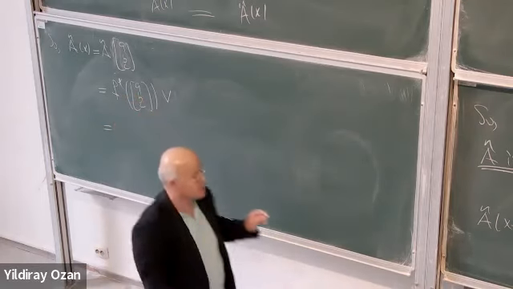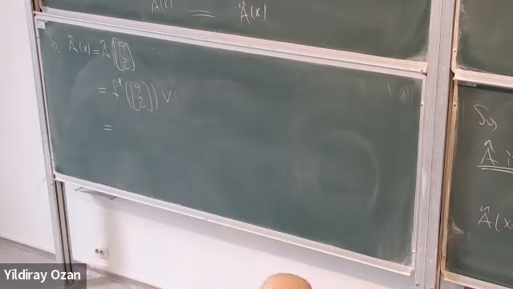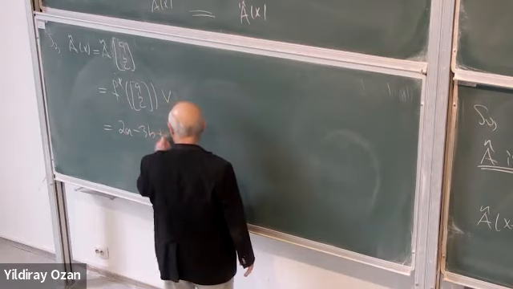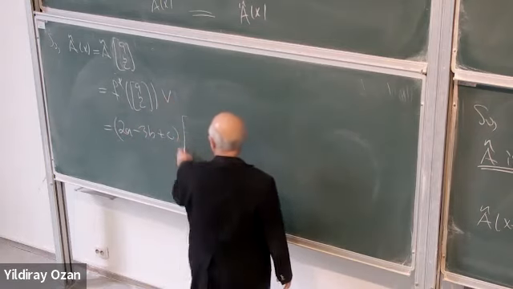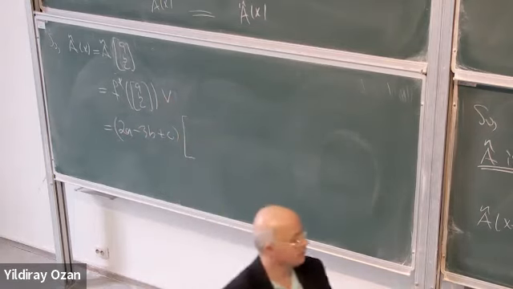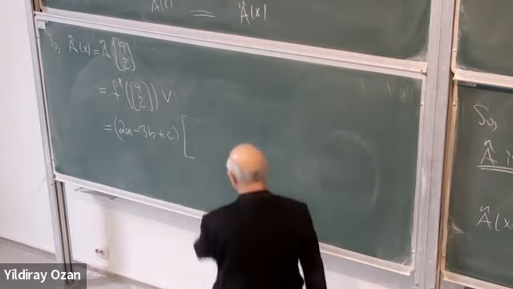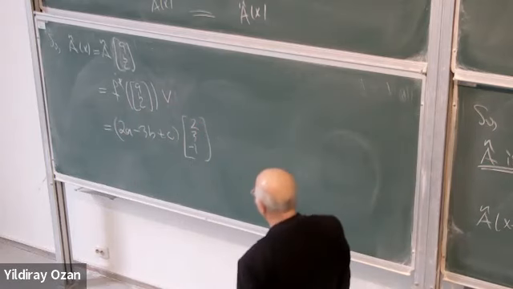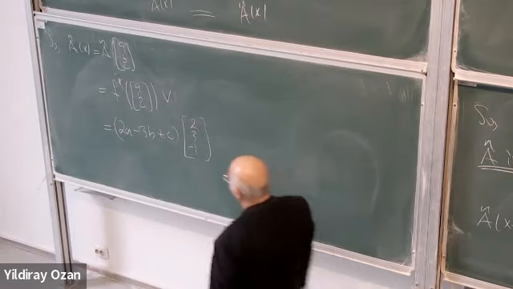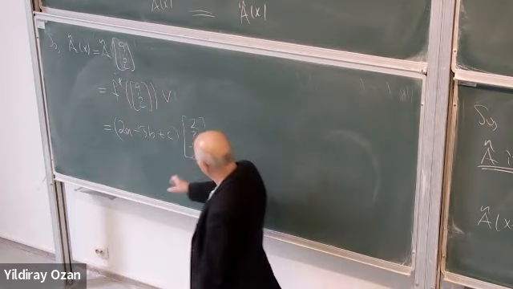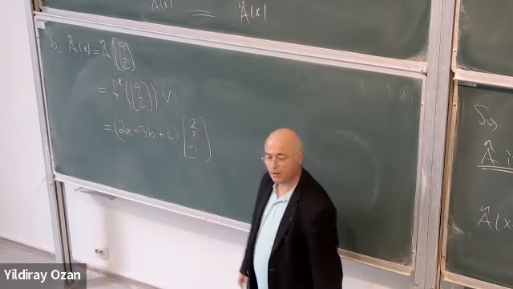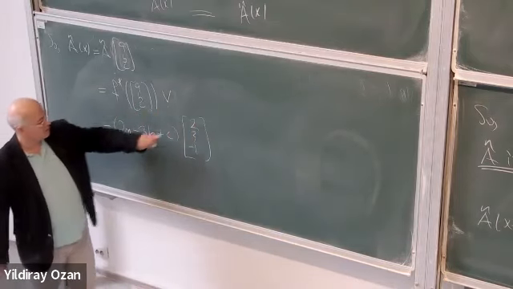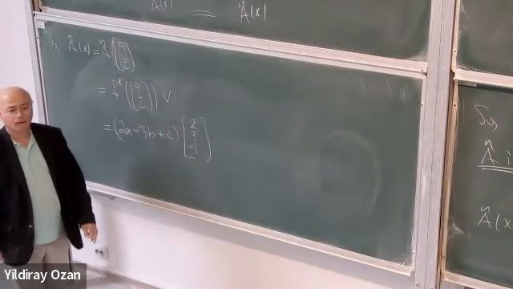What is this? This is a scalar. It is 2A minus 3B plus C times the vector B, which is 2, 3, minus 1. So the value of this gadget is just this constant times this gadget.